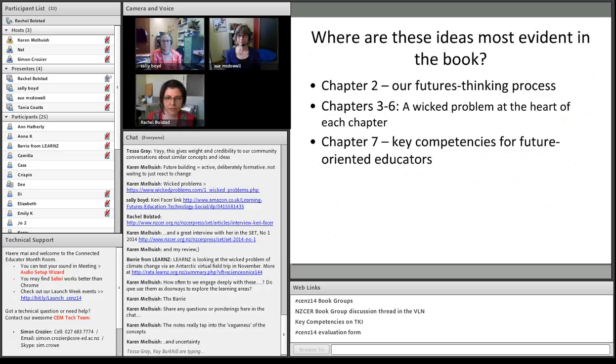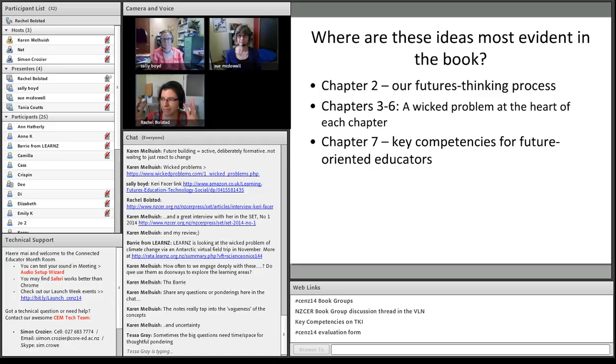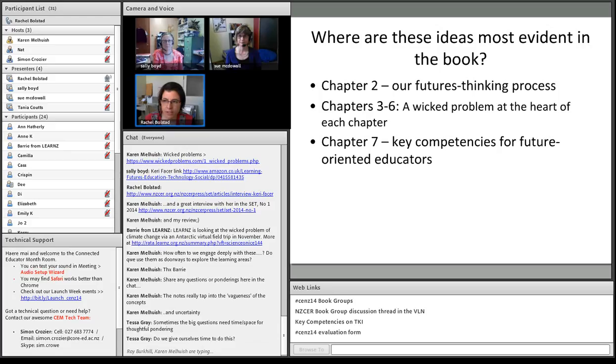So that's just a brief overview of probably the biggest and most mind-stretching aspect of our book and how we've tried to approach our thinking about key competencies. And if you haven't read the book, here's where those ideas are most evident.